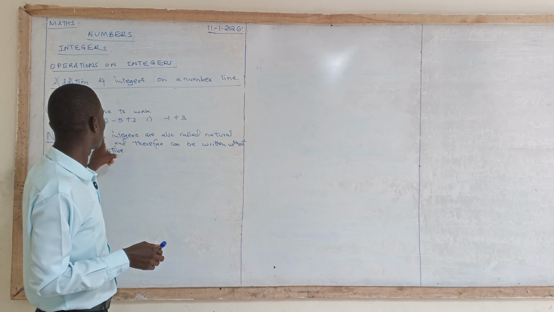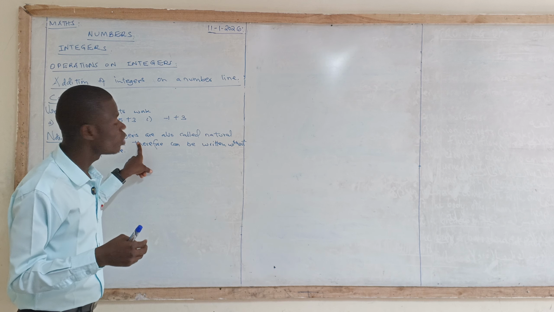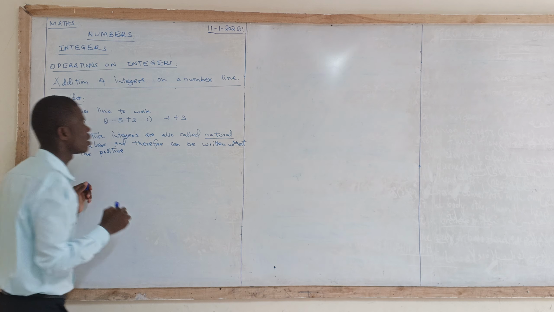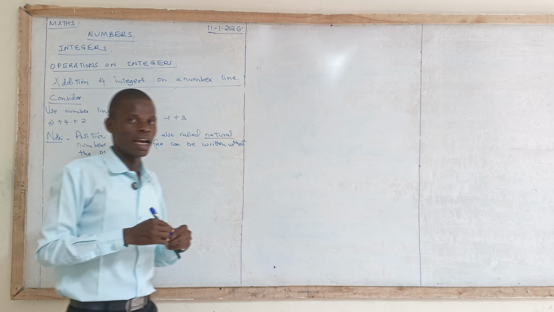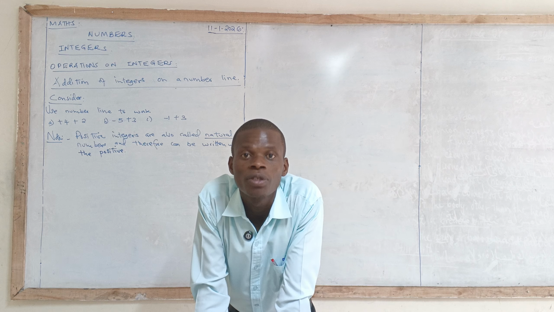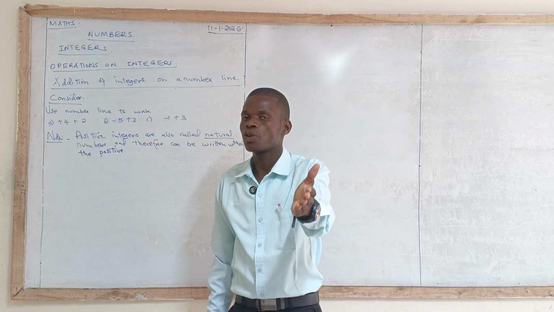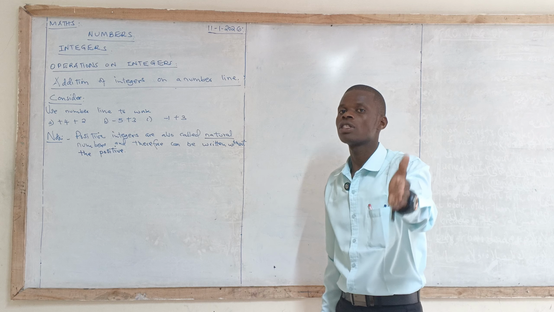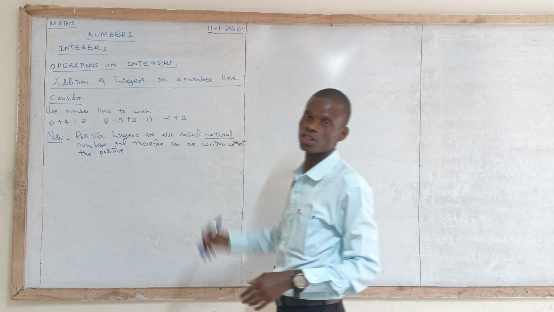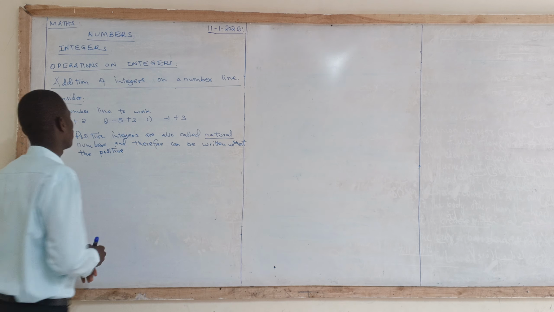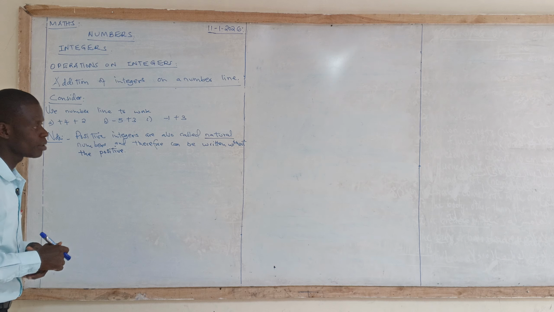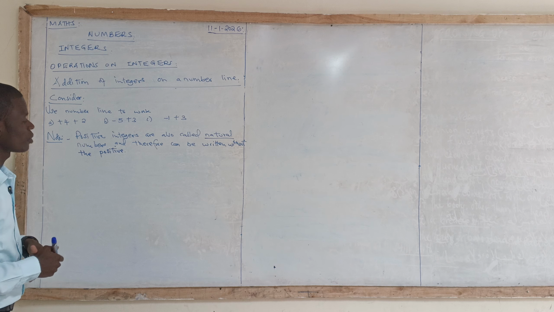Underline the word natural there: natural numbers, and can therefore be written without the positive sign. So if you come across a number without a positive sign, without a negative sign, take it to be positive. That is what this statement is talking about.